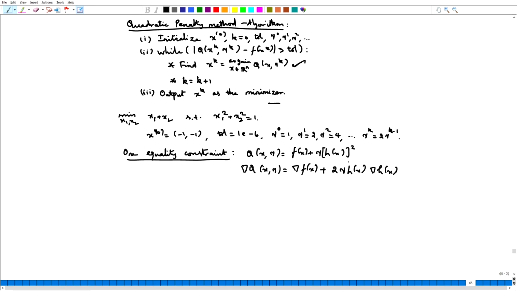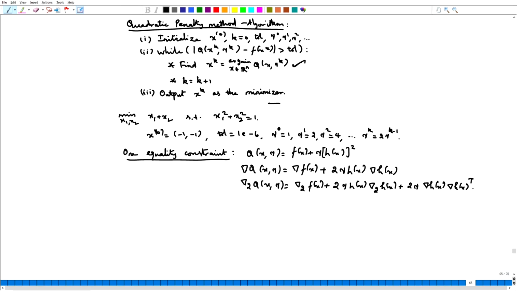So h of x the whole square becomes h of x into 2 h of x into del h of x. If you want to find the Hessian, that will be del 2 f of x plus, since there is a product, 2 gamma h of x del 2 h of x plus, if you differentiate the other term, 2 gamma del h of x del h of x transpose.